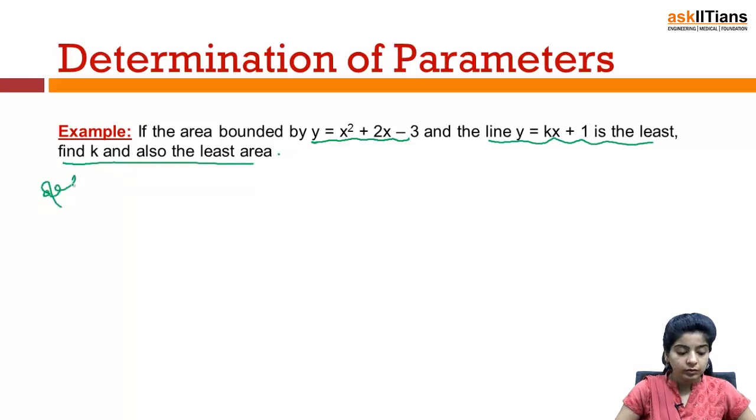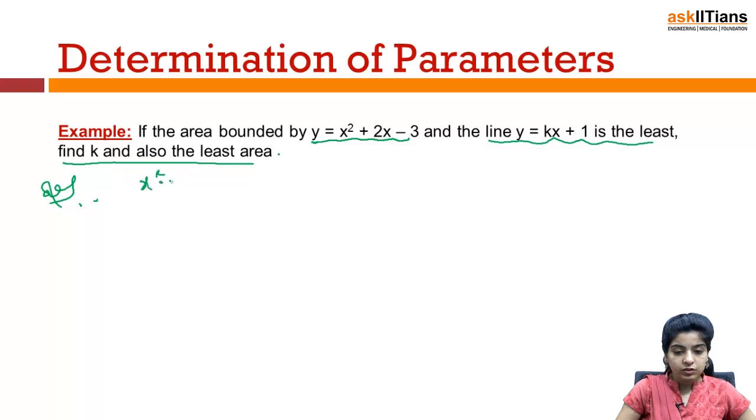Okay, so it's given that if the area bounded by these two is least, we are required to find out k and the value of least area.